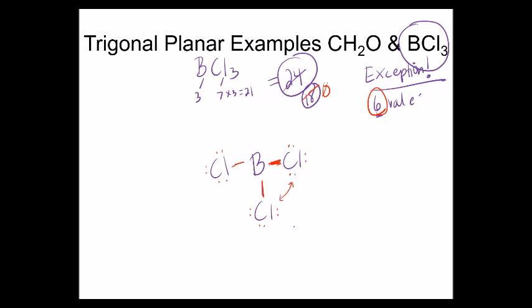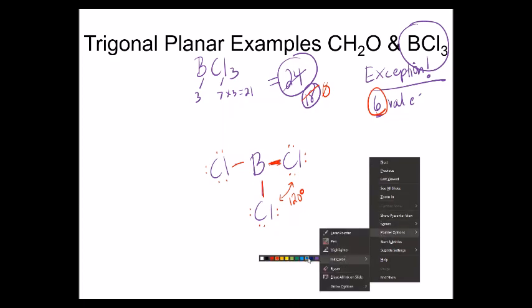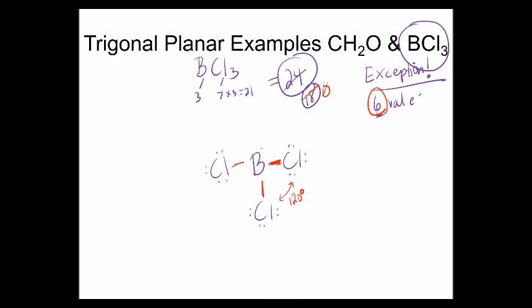Let's note the angle. Ideal angle around here is going to be 120. Okay, got to know that bond angle. And is this polar or nonpolar? Nonpolar, because they have dipole moments, don't get me wrong, but they go all directions out and cancel.